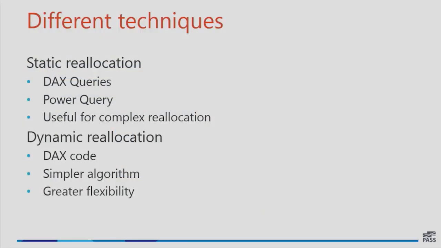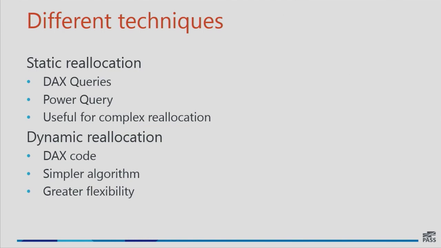So at this point, I start to consider which options I have. And in general, we can split our possible solutions in two different areas. One is I do a static reallocation, which means I allocate my budget in a static way. So I know that I want to get this number and split this number at a certain granularity level.